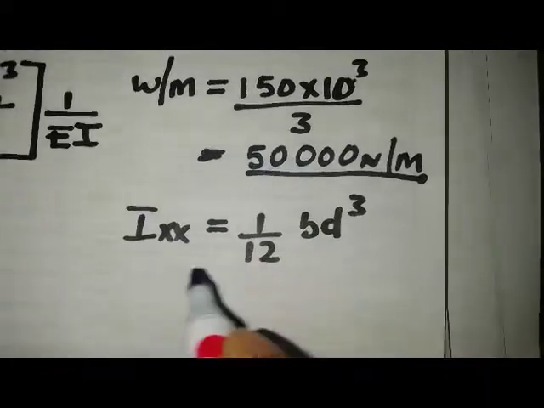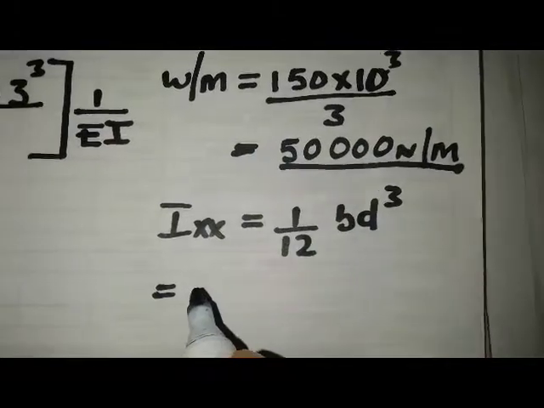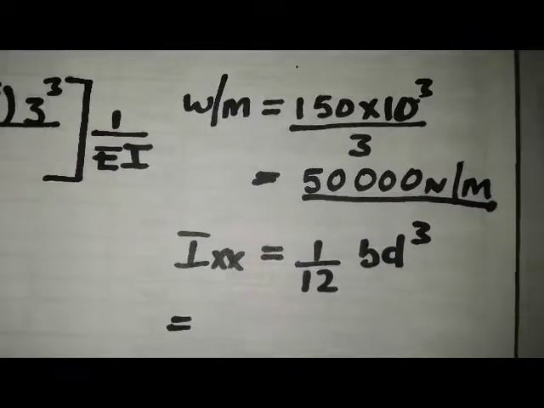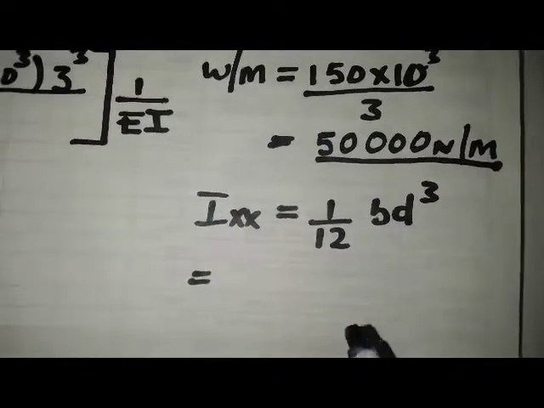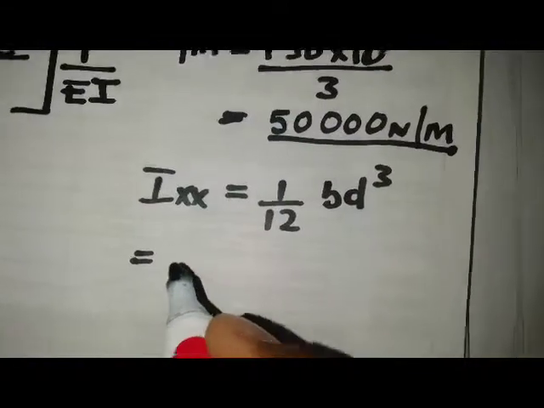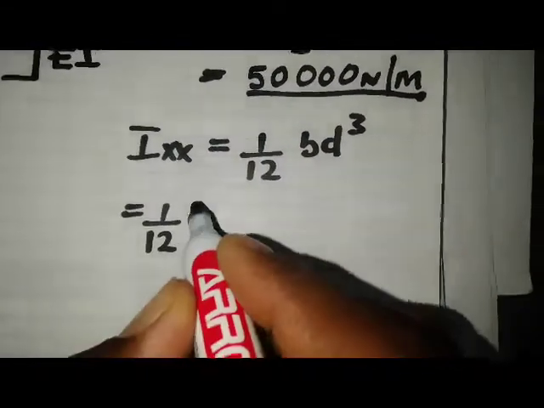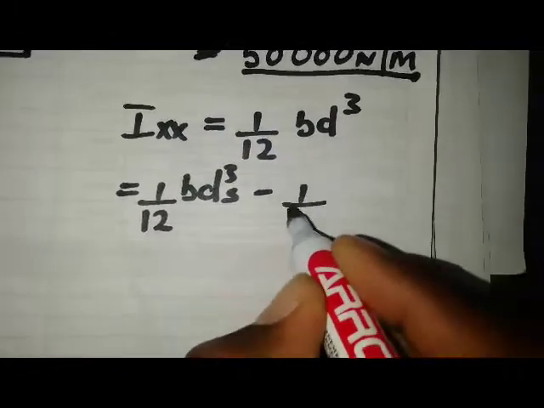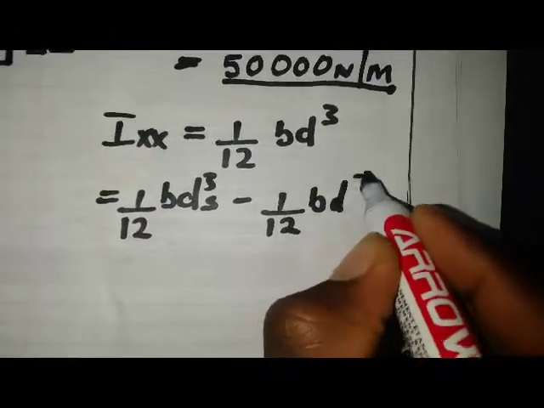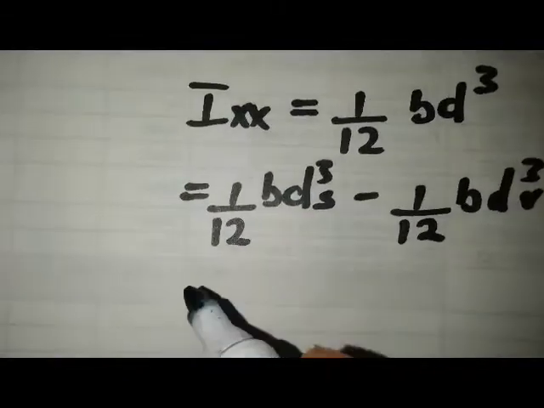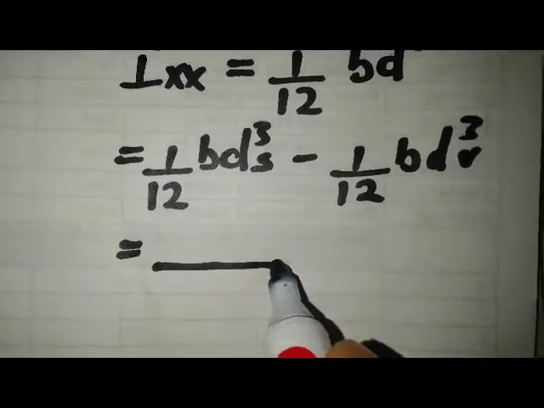So we're going to subtract the Ixx for the void from the Ixx for the solid part: 1 over 12 bd cubed for the solid, minus 1 over 12 bd cubed for the void.